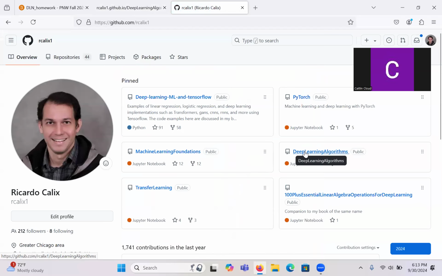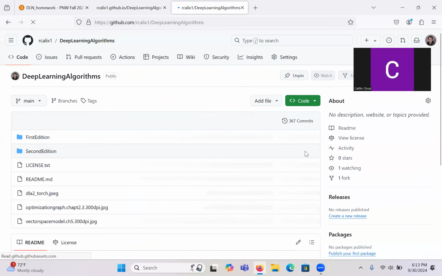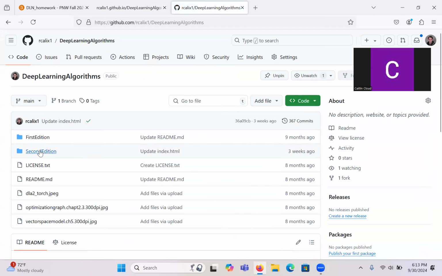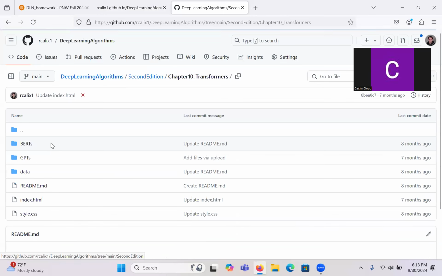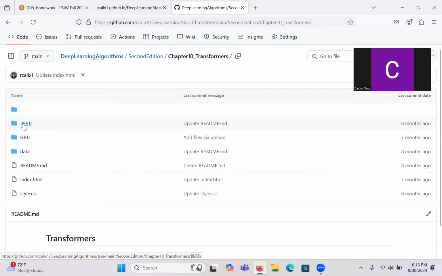It should be in Deep Learning Algorithms, second edition, chapter 10, Transformers. It goes with the material I gave you for reading. If you can see here, I have BERTs, GPTs, and things like that.